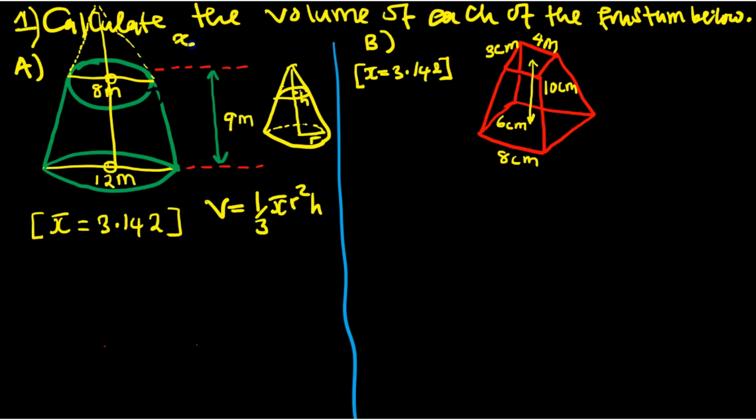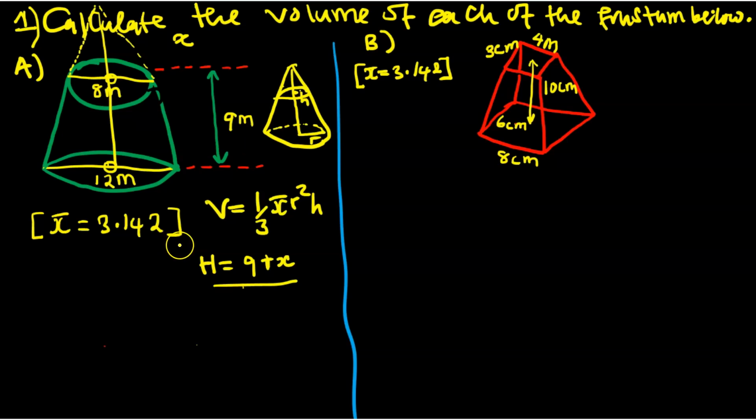Let us call this one x. So for you to find h, which is height, you need to add 9 plus this x. This gives us the complete height. This information is very important. Now, for you to calculate the volume, you need the height and the radius; pi is given.